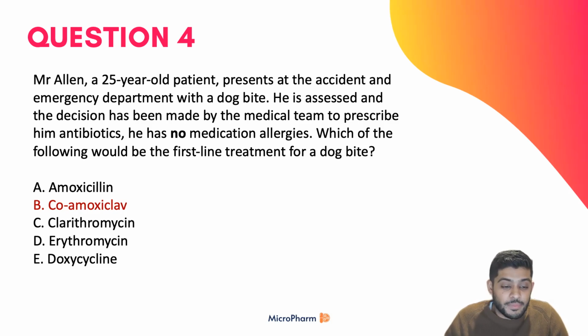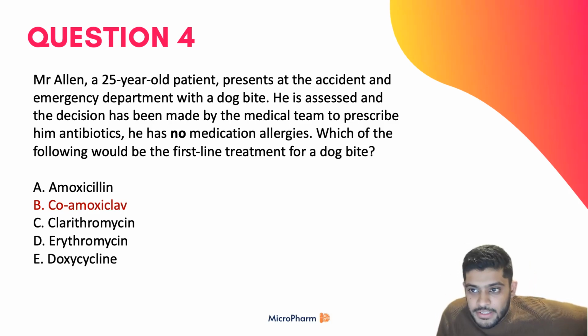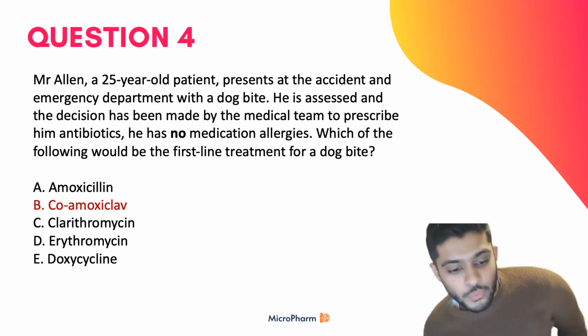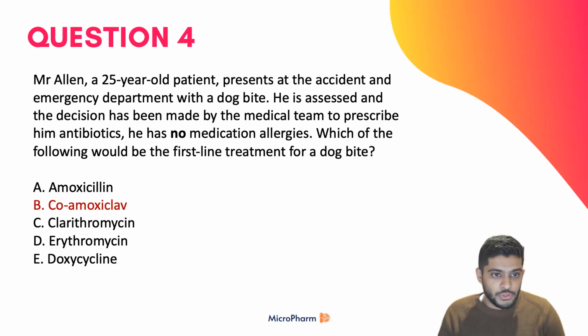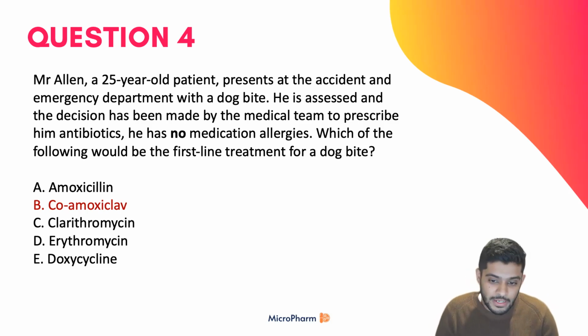Essentially it's good antibiotic cover, but there's something specific. Absolutely, it's aerobic and anaerobic cover. The reason why that's really important is when you have a dog bite, you have to consider the types of bacteria that reside in the mouth of the dog. It's polymicrobial, which means there's a lot of different bacteria within the mouth, and this specifically could be either aerobic or anaerobic bacteria.